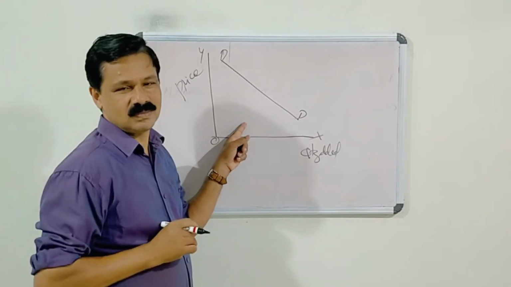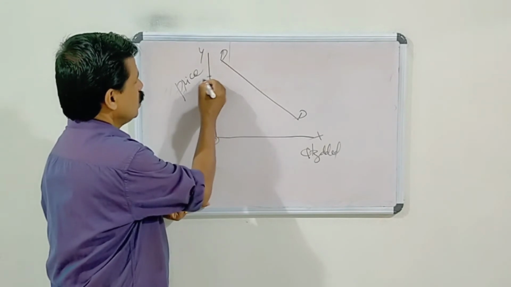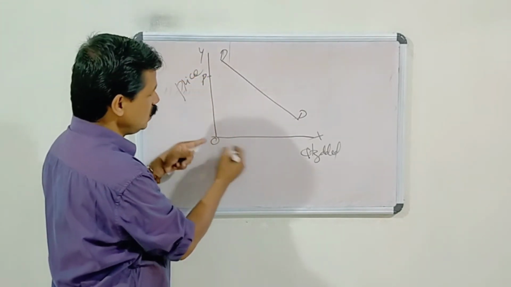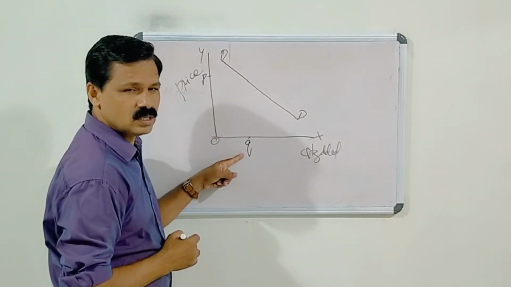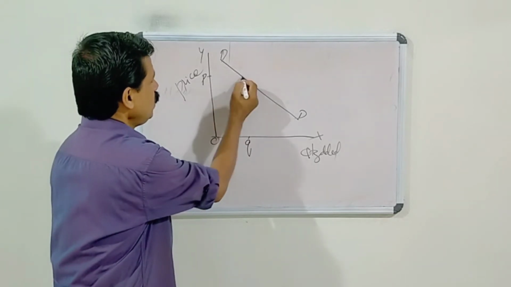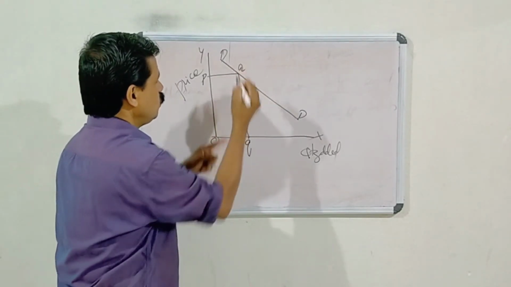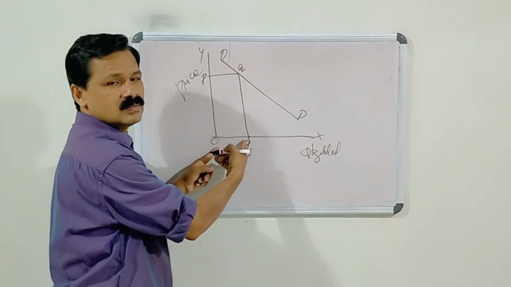In this demand curve, we know at OP price, OQ quantity of the commodity will be demanded.